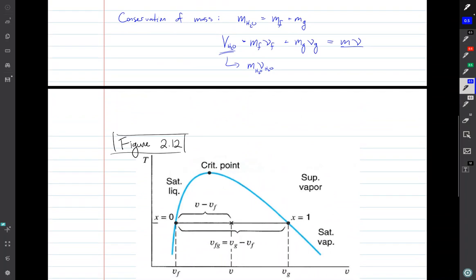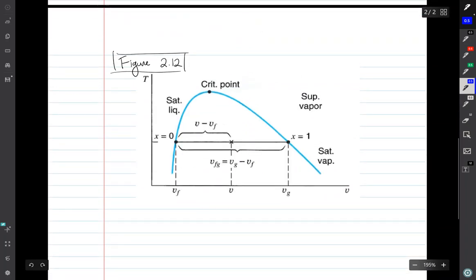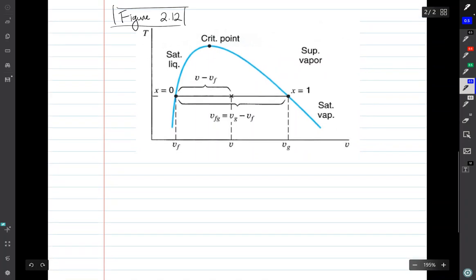Okay, so this is where quality gets in. This is where the concept of quality creeps in. So we have this figure here, figure 2.12.